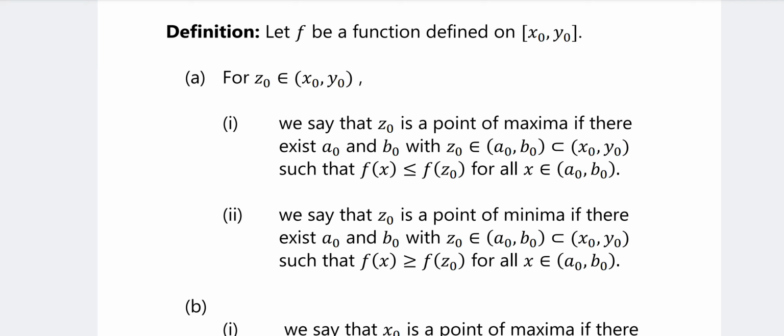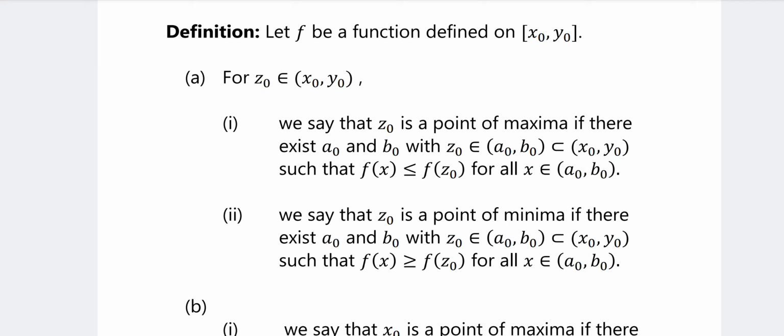First, we say that z naught is a point of maxima if there exist a naught and b naught such that z naught lies in the interval (a naught, b naught), that interval is a subinterval of (x naught, y naught), and on it f(x) is less than or equal to f(z naught) for all x in (a naught, b naught).